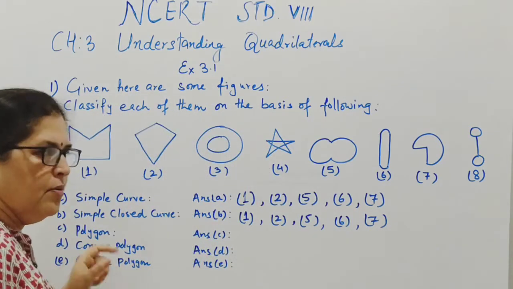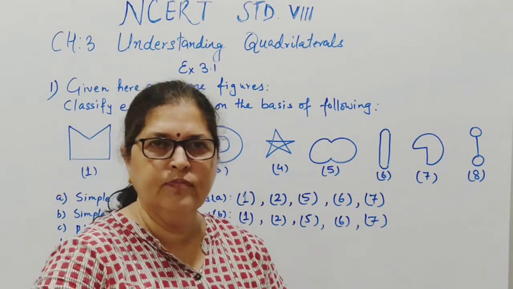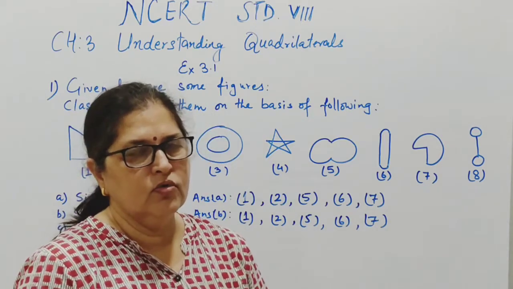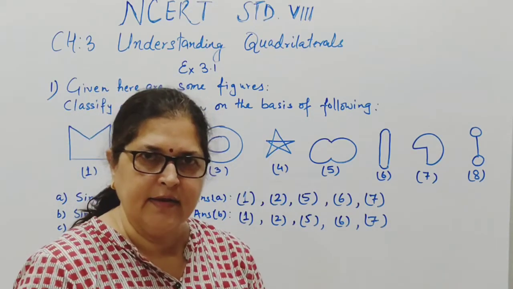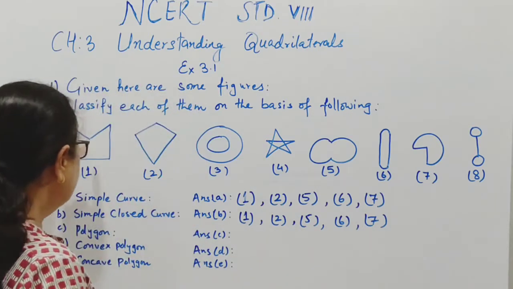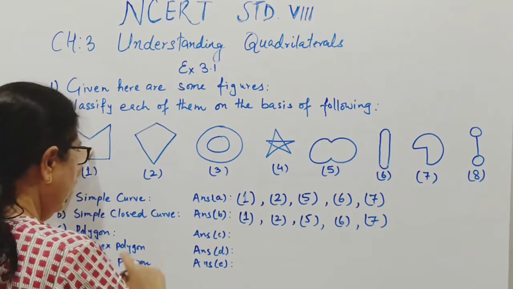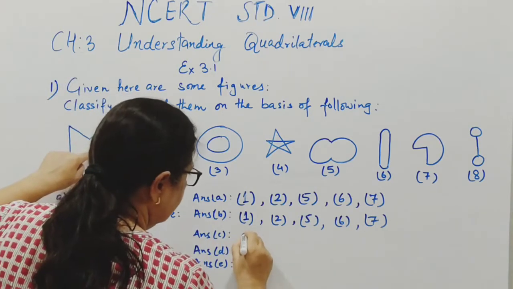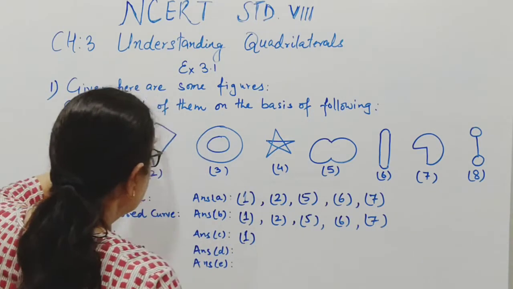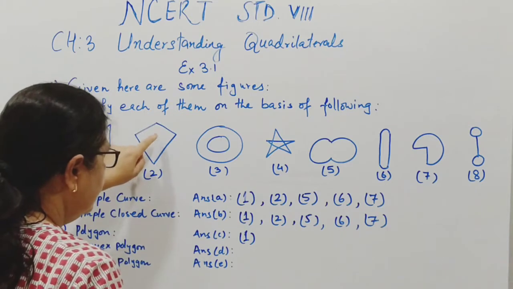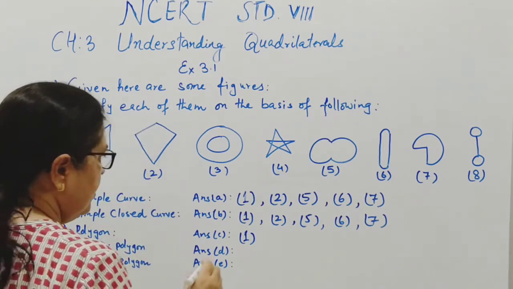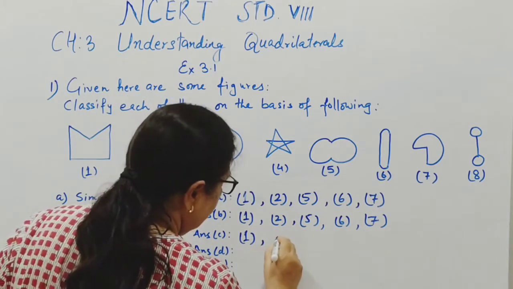Next, number 3, polygon. What is a polygon? A simple closed curve made up of only line segments. So first one is a simple closed curve and it is made up of only line segments, so it is a polygon. Similarly, second one is a simple closed curve and it is made up of only line segments.